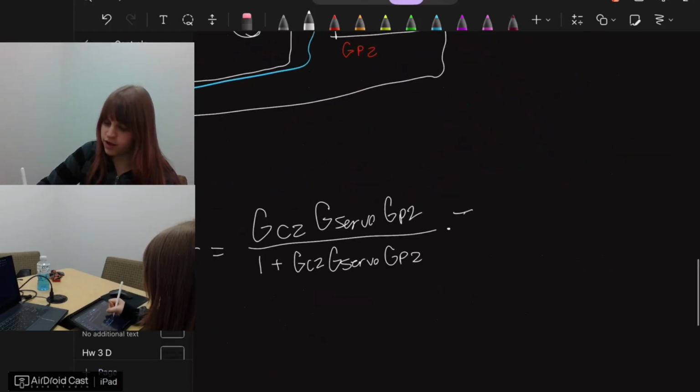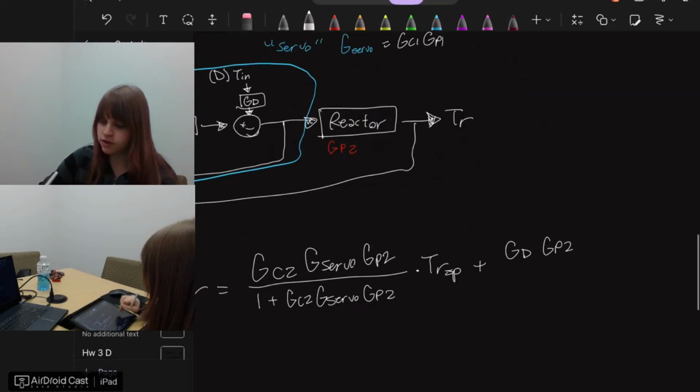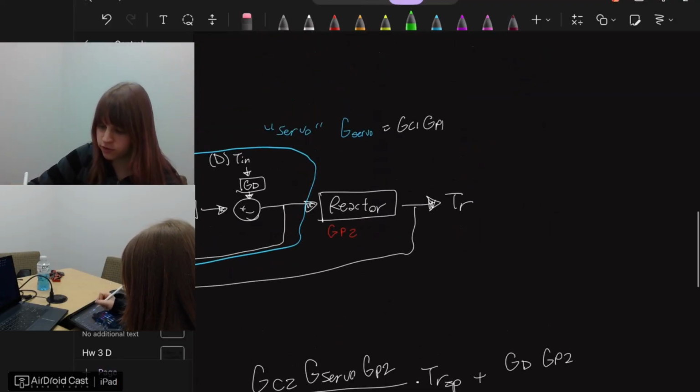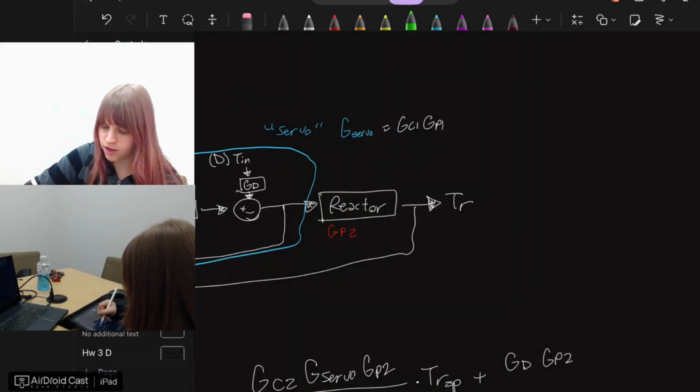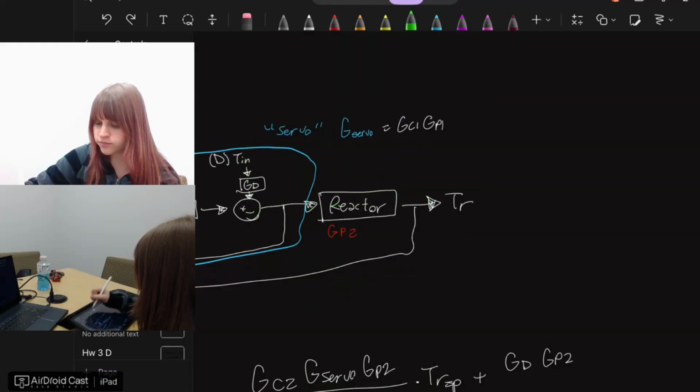This gets multiplied by our set point, but we need to remember we also have those disturbances. So we have our GD times GP2 because we're starting up here. We don't include anything previous.